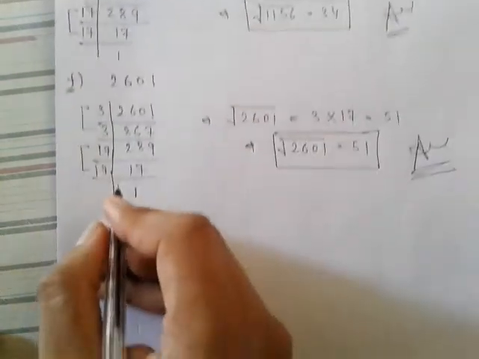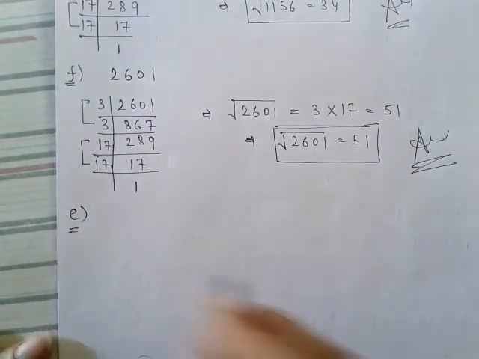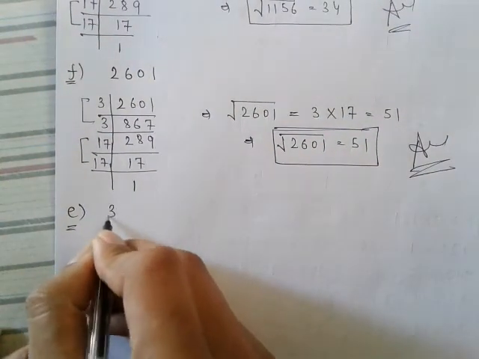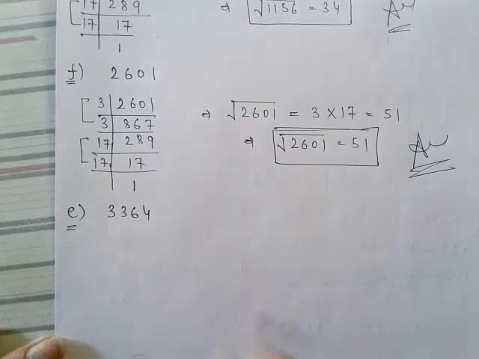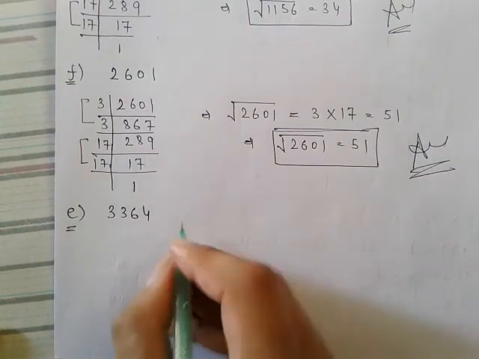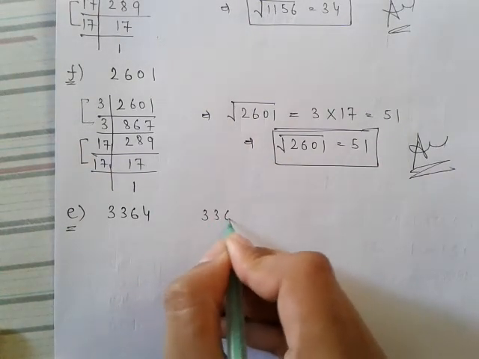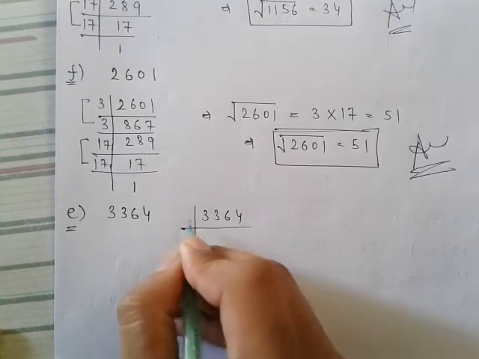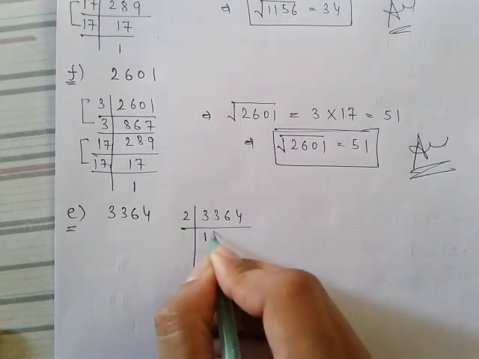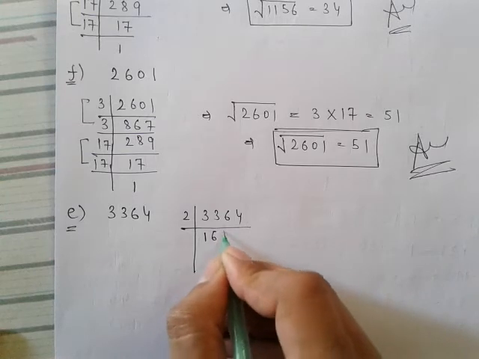So the next part we will do is part E. Part E has the number 3364. So we will begin with 3364. First, it is an even number, so we will start with 2: 2 16s are 32, 2 8s are 16.